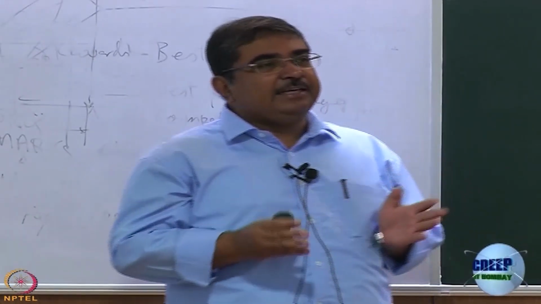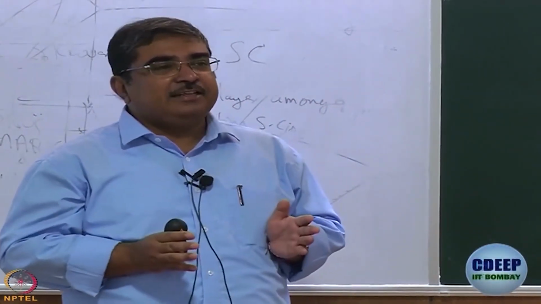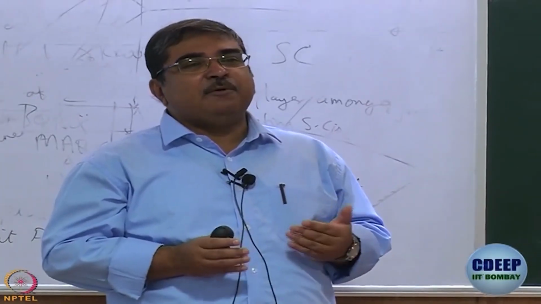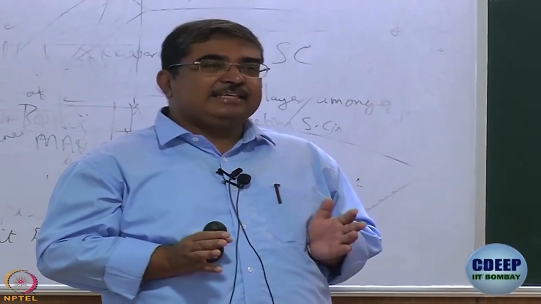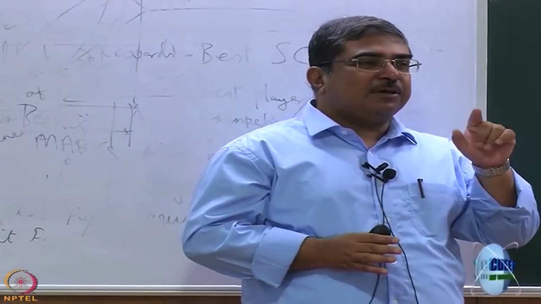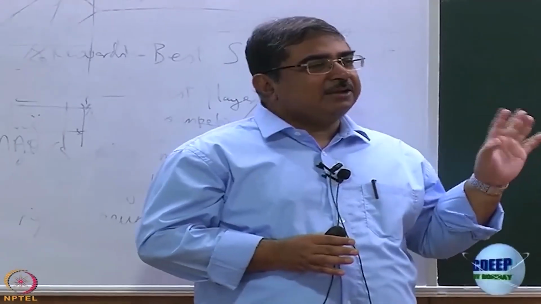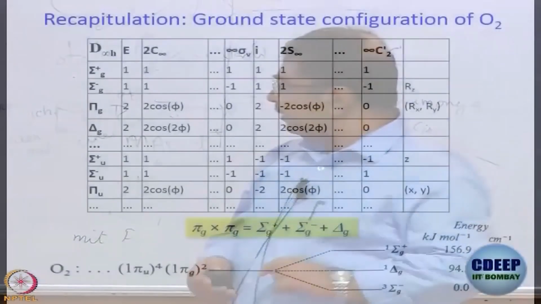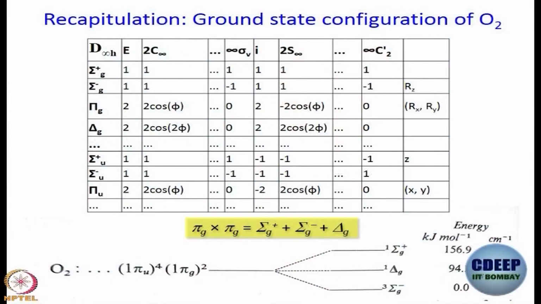So, in order to maintain a total wave function that is antisymmetric, we found that we end up only with 6 states, and the 6 states makes sense, because if you remember, we had drawn those boxes, 4 boxes, and we tried to fill with 2 electrons. There also we had obtained 6 states. So, the 6 states we obtained are singlet sigma g plus, singlet delta g and triplet sigma g minus, and we had discussed that the triplet state is the lowest energy state and the other 2 are higher energy states.